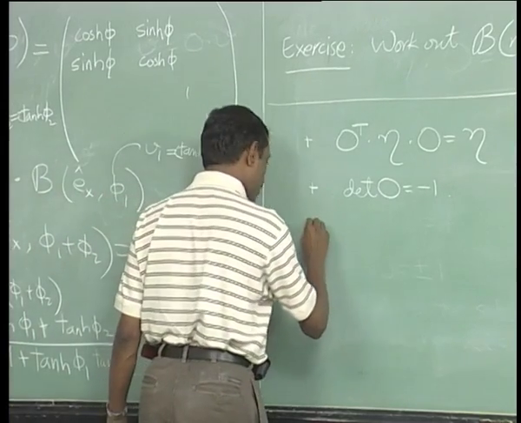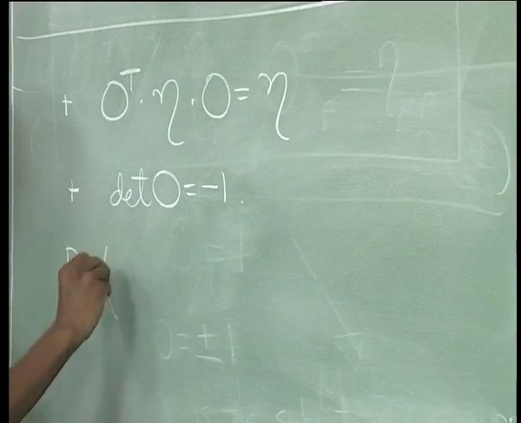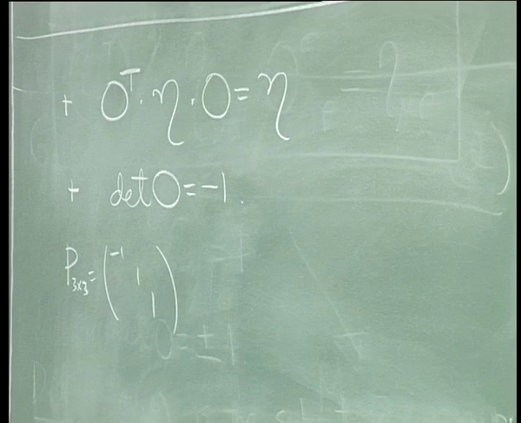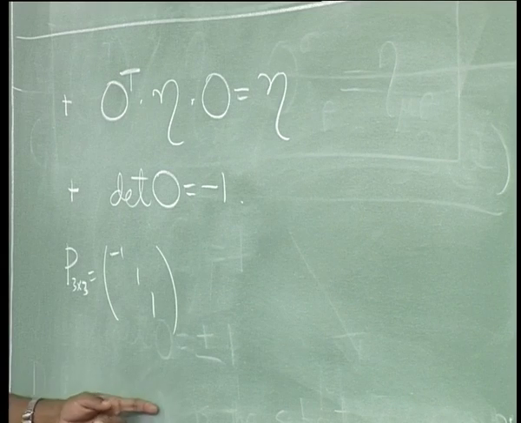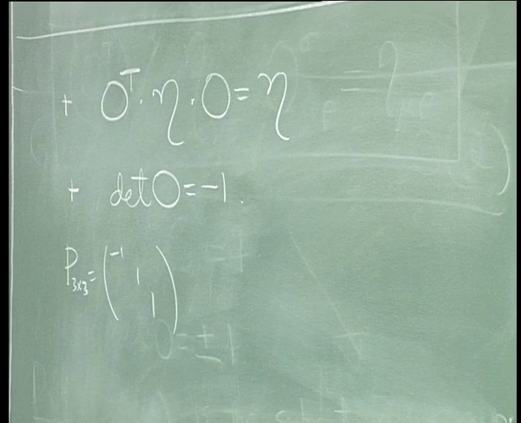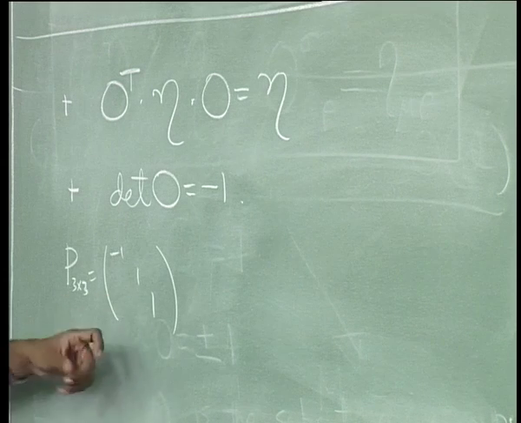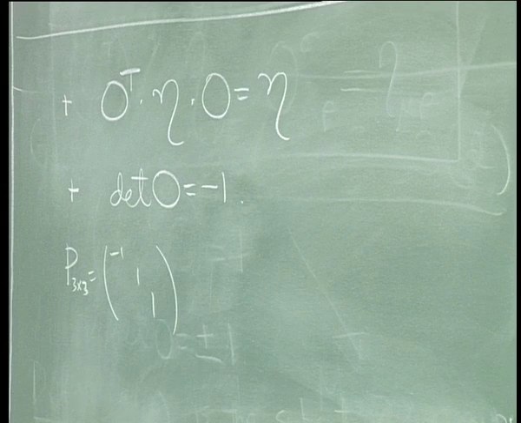So, let me remind you, the 3 by 3 parity matrix P was chosen this way. I did not choose it to be all -1s because I was writing formulae for arbitrary dimensions, and in even dimensions we saw that if you invert all of them, then you get something else. So, what would be P hat?